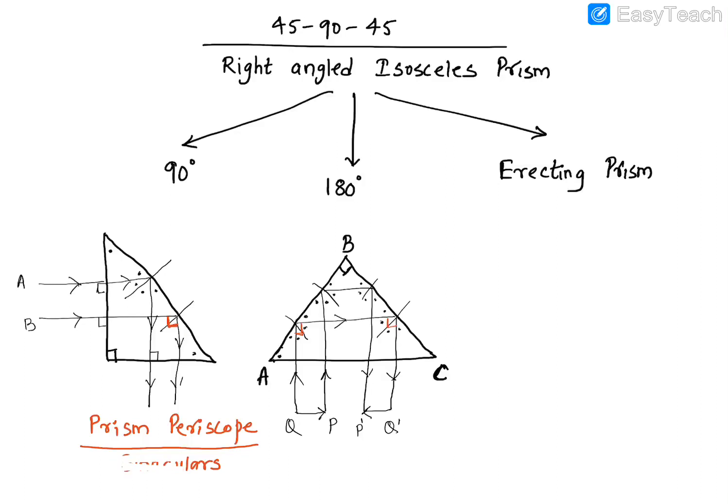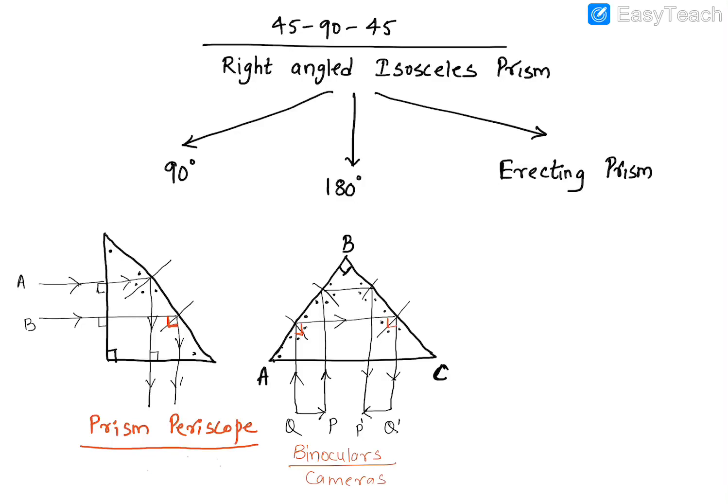Yeah, this is wrong. It is not binoculars here. Here it is only periscope. So the binoculars are basically used here. I mean, this is used in binoculars, or it is also used in certain types of cameras.